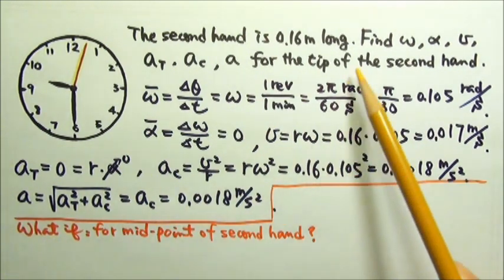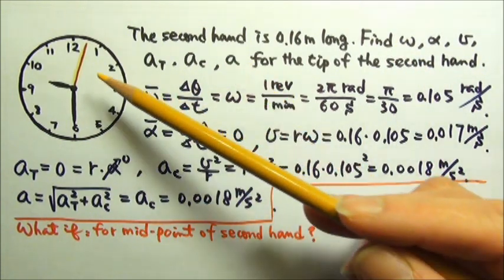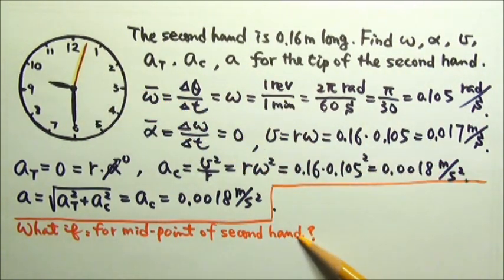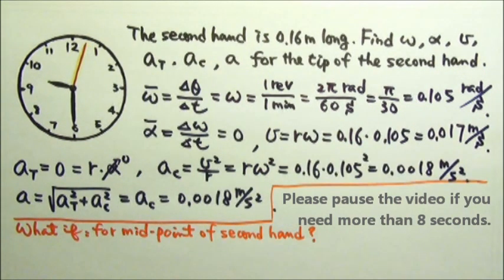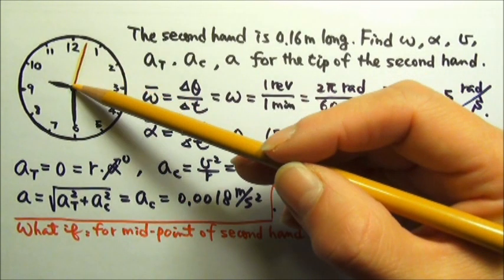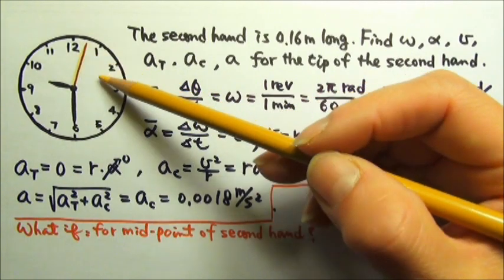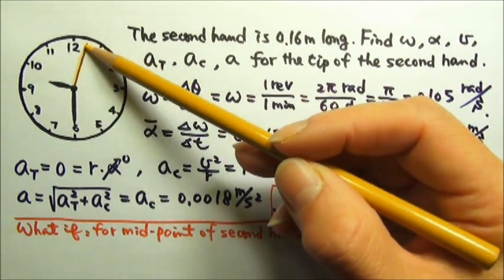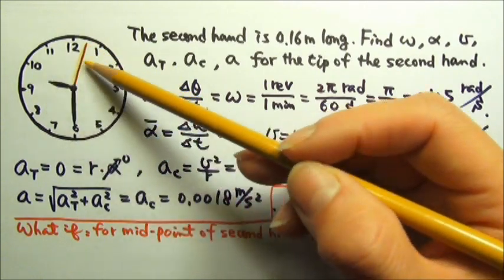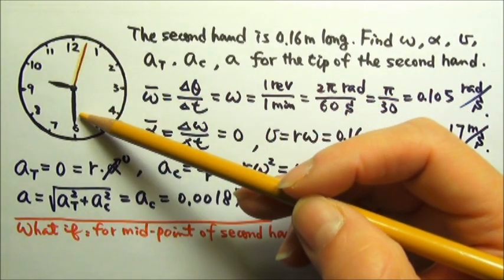What if we have to find these properties for the midpoint of the second hand instead of the tip? The entire second hand rotates together. So every single point on the second hand has the same rotational motion.